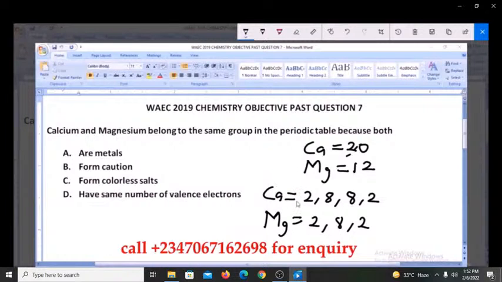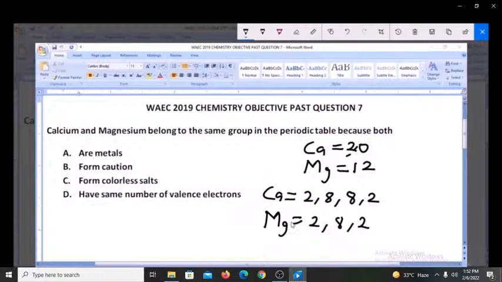So once you establish the atomic numbers of both calcium and magnesium, notice that both calcium and magnesium have 2 electrons on the outermost shell. Now the electrons on the outermost shell are what are known as the valence electrons.